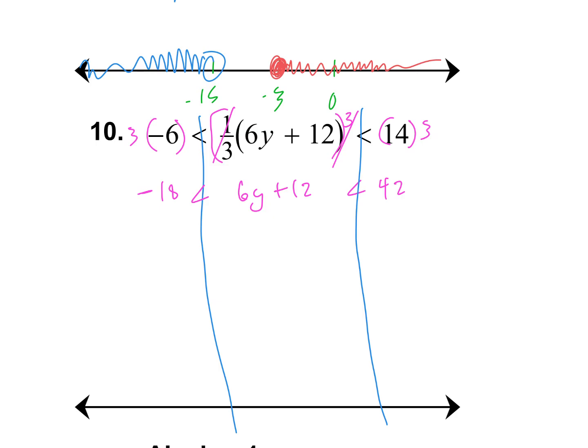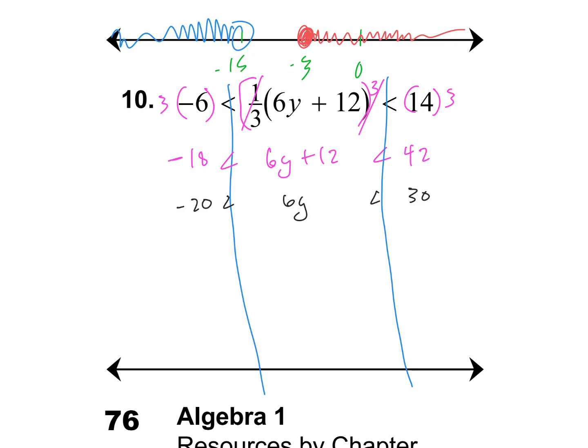And then I'm going to subtract 12, -20. I'm going to subtract 12 to get 30. I'm going to divide by 6 to get, I think this is like 3.5, -3.5. And this is 5, okay?